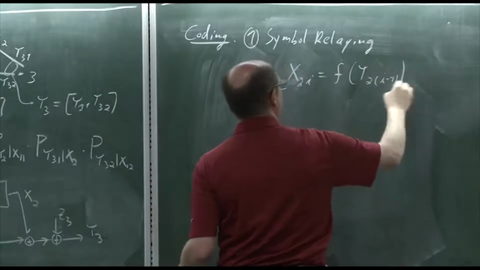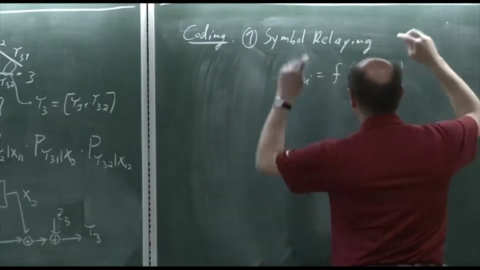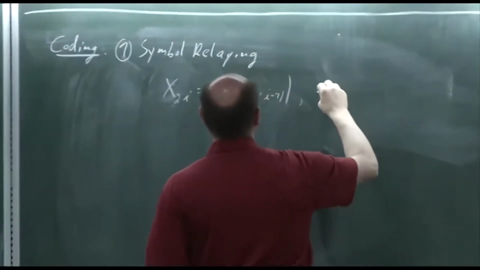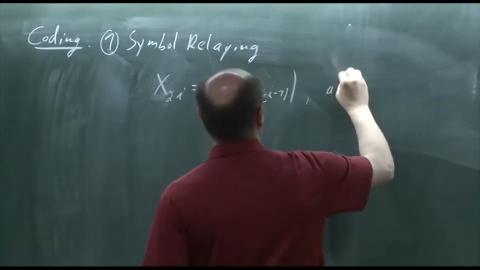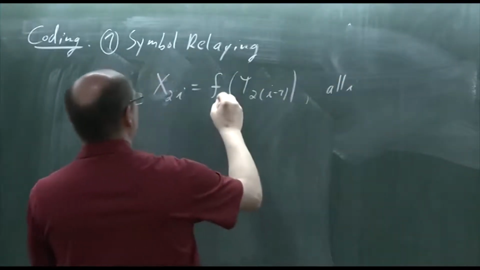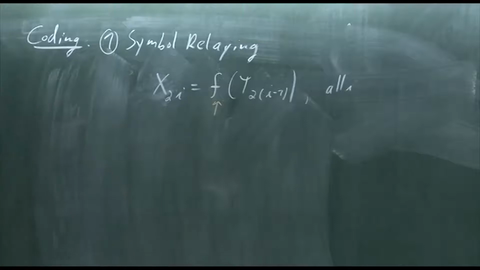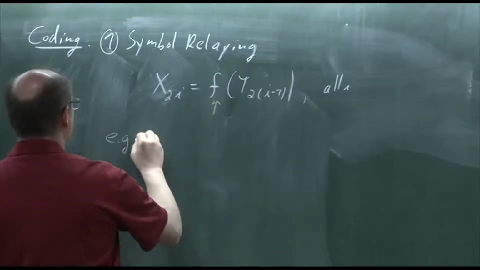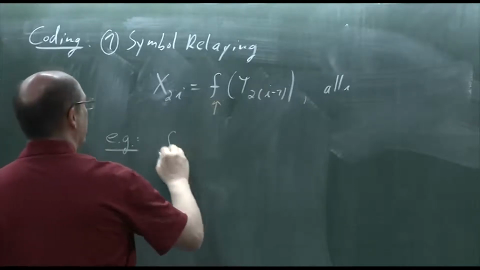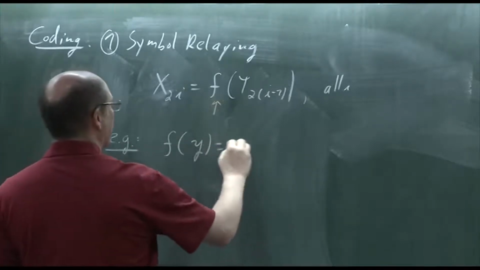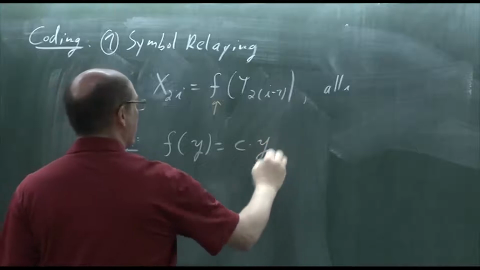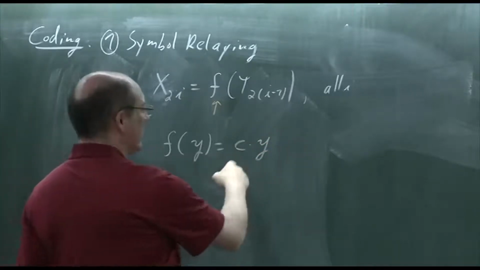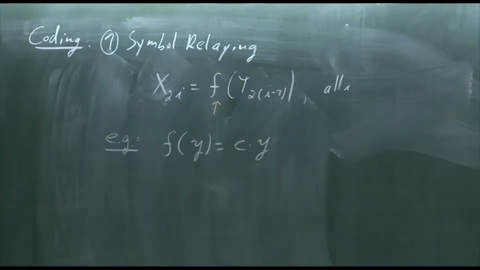So rather than making it a function of all the past, we just use a memoryless relay, if you like, and usually you even choose this function to be time independent. For example, for the Gaussian case in particular, f of y is usually just a constant times y, where the constant is chosen to satisfy the power constraint of the relay. Right? So this is called amplify forward.